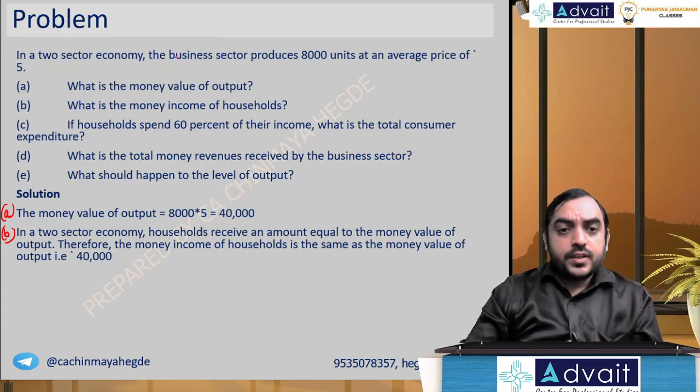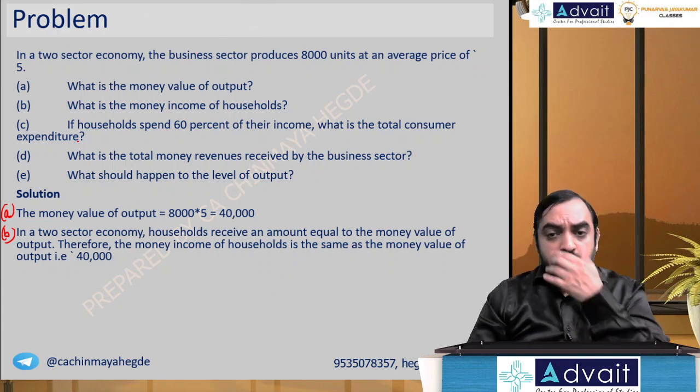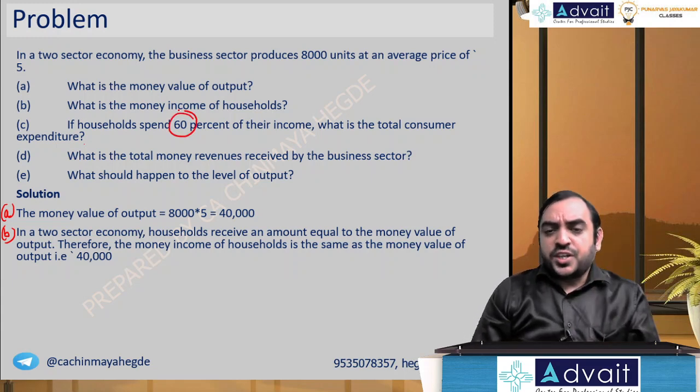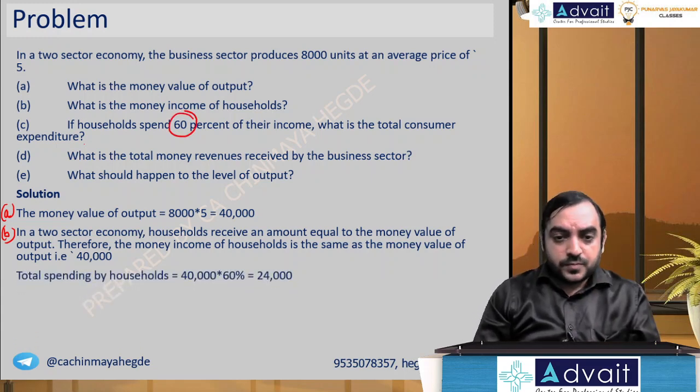Next, third one. If households spend 60% of their income, what is the total consumer expenditure? So if you spend 60%, 60% of 40,000, that is 24,000.